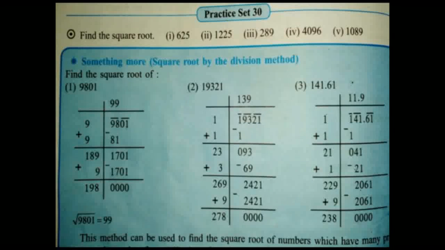Last one is 1089. The number 1089 is not divisible by 2. It is going 3 table because unit place 9 is there. Number 9 is divisible by 3. So we will divide 1089 by 3.